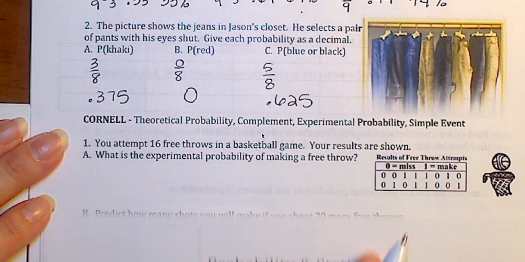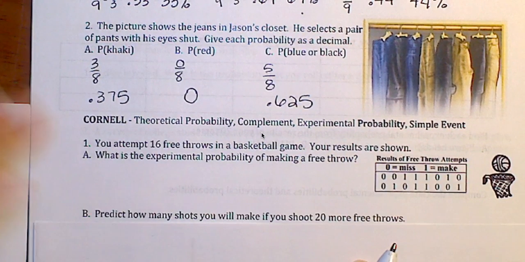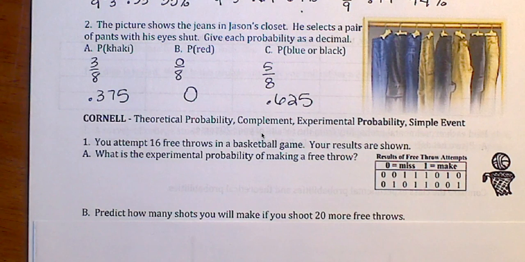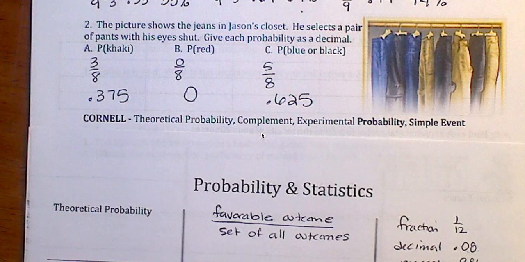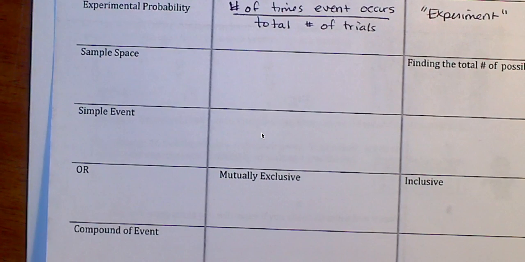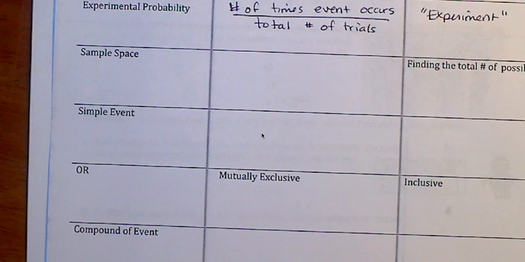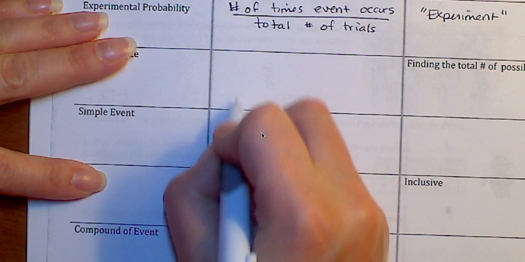We can talk about a simple event as well. And we can talk about sample space when we get a little further. So let's talk about simple event. Okay. So a simple event is an event with only one outcome.